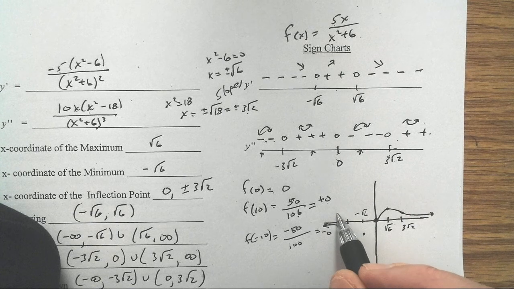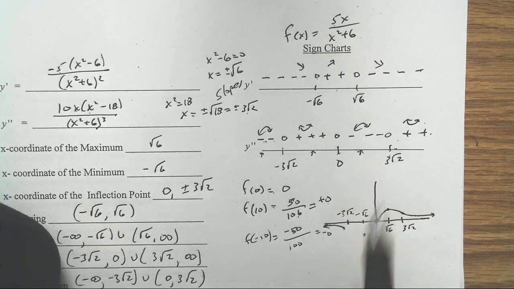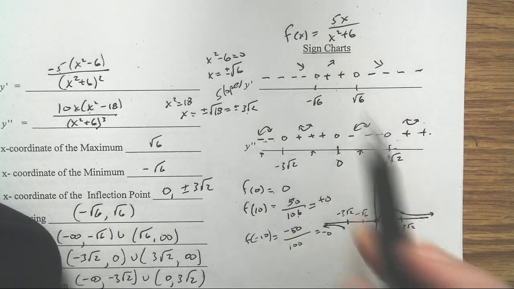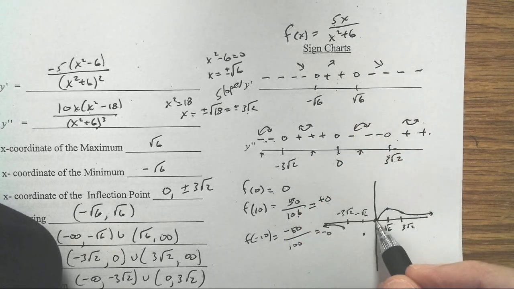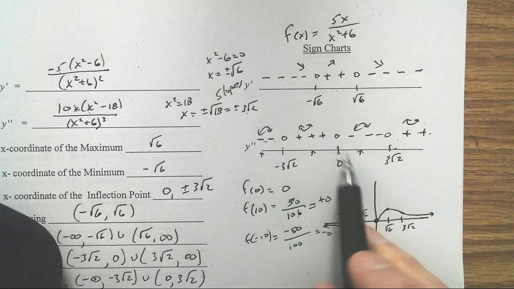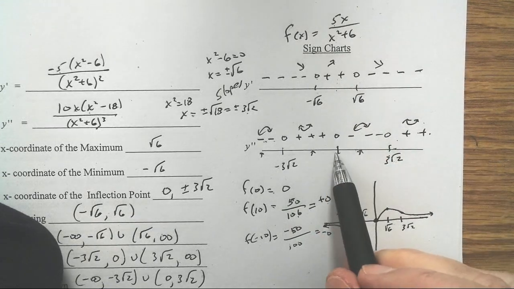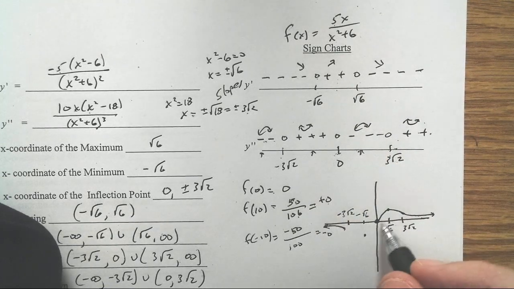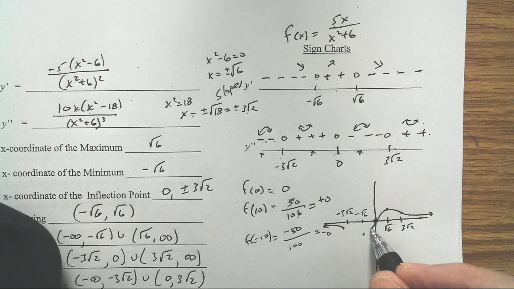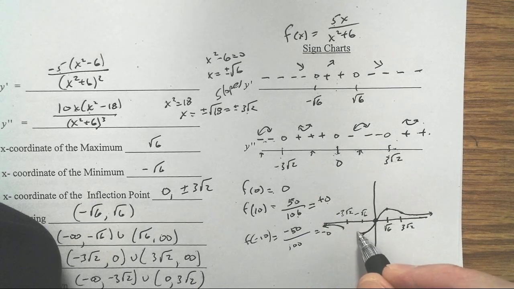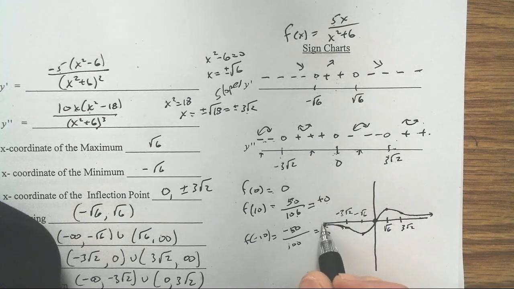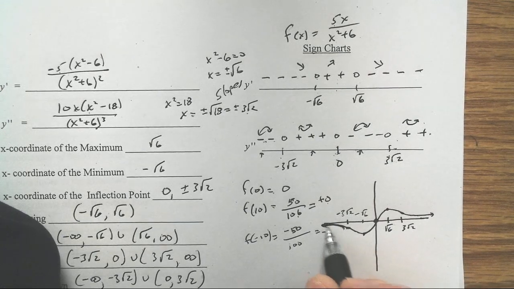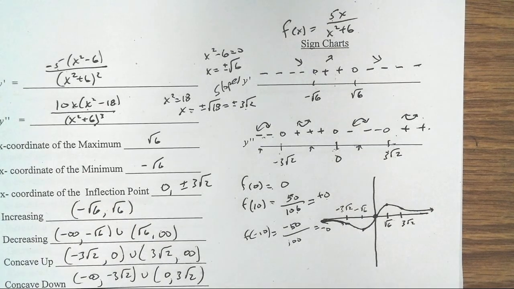Its concavity changes at negative 3 square root of 2. From 0 to negative 3 square root of 2, we're cupping up. Looks like this. That's the minimum. We're cupping up. And then when we get into here, we start cupping down. And there we have it.